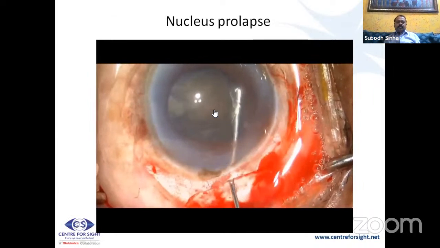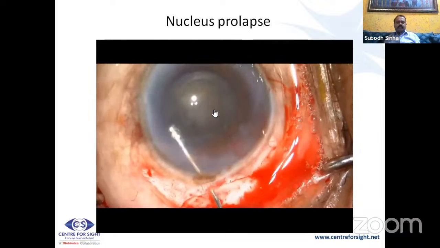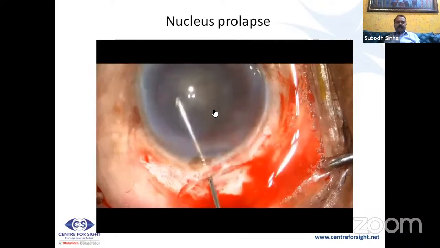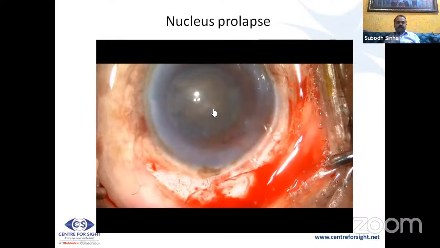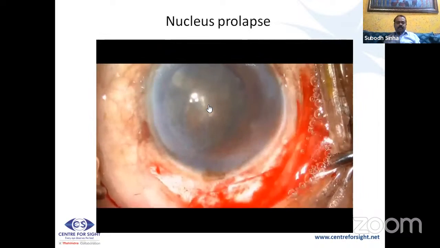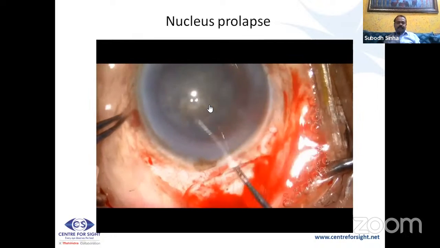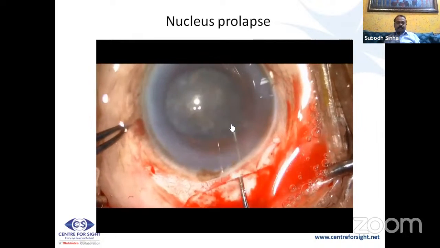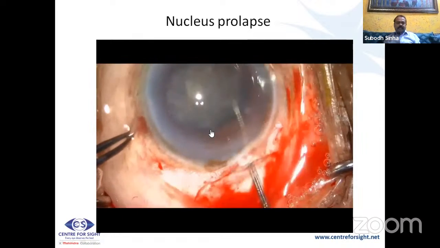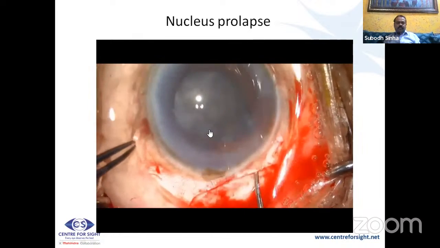So I am trying to do hydroprolapse. That is not happening at all. Then we tried with the Sinskey hook. Managed to take out one pole.